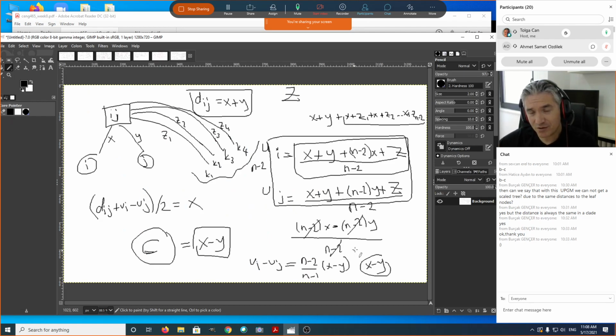This n minus 2 is just a constant, by the way. When we are deciding which nodes to combine, each of those values is going to be divided by n minus 2. So it's like a constant we are dividing this summation by, so it doesn't affect it that much.